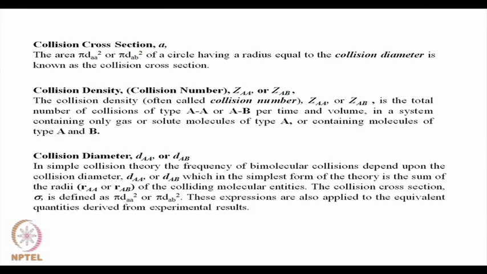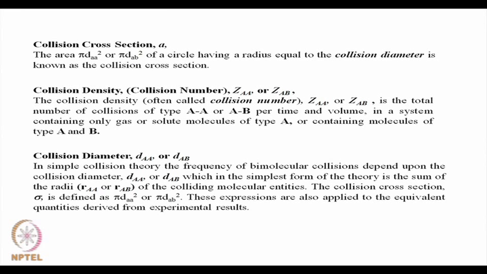Z_AA or Z_AB is the total number of collisions of type AA or AB per unit time, per unit volume in a system containing only molecules of type A, or containing molecules of type A and B. It is the total number of collisions of type AA, that is an AA molecule collision like this, or AB molecule.